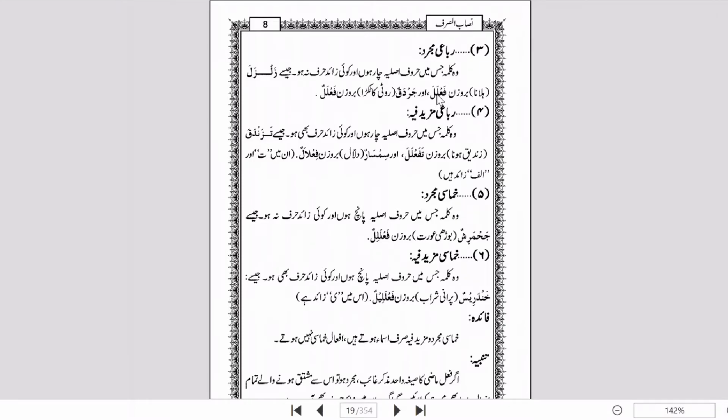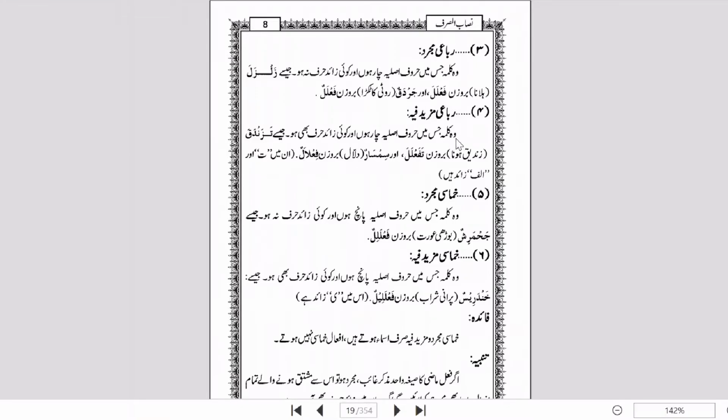So here there are 2 lam used, but these are all huruf asliya. Zalzala comes on the scale Fa'lala, and Jardakun, meaning a piece of bread, comes on the scale Fa'lalun, and these are all Rubaai Mujarrad. There are no additional letters.